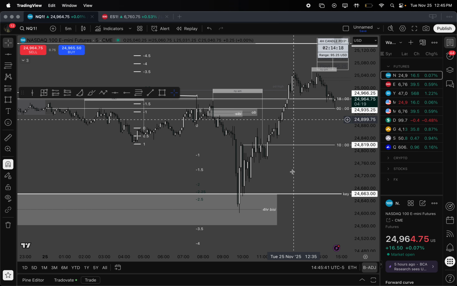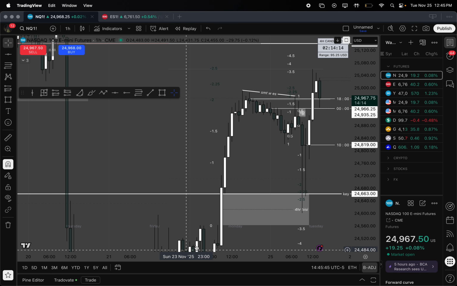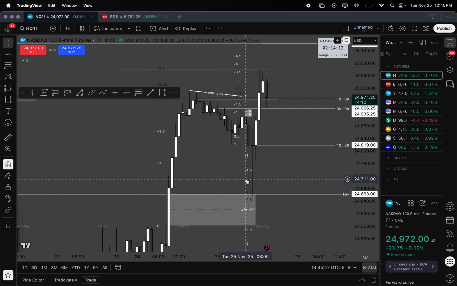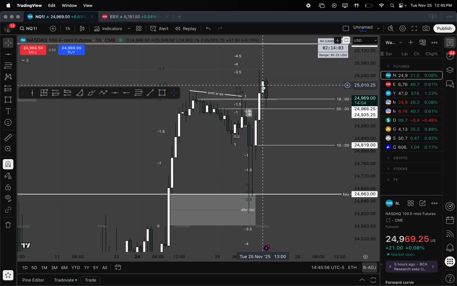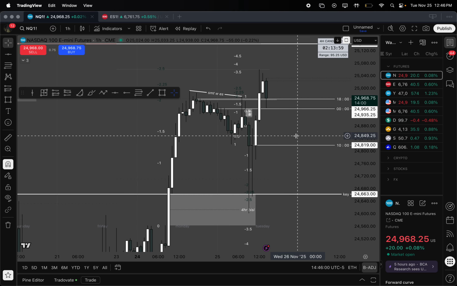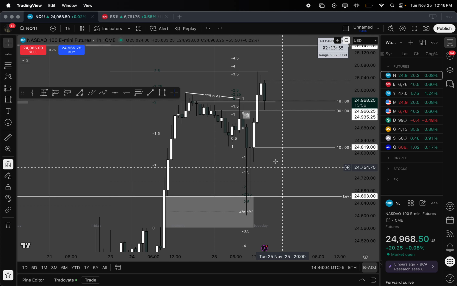But yeah, that's basically an overview of today's PA. Really, really good PA in my opinion. Ideally, the goal is to take a winning trade tomorrow so that I can pass my account, because I won't be able to trade on Thursday and probably maybe Friday because it's Black Friday. But yeah, really clean day, really solid.